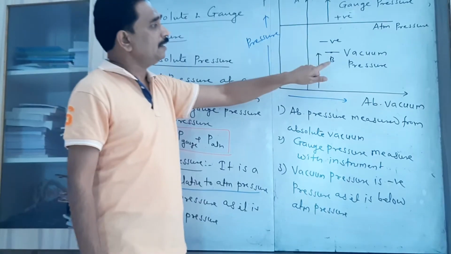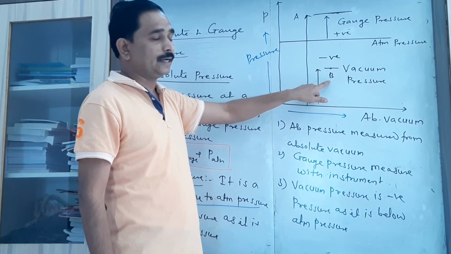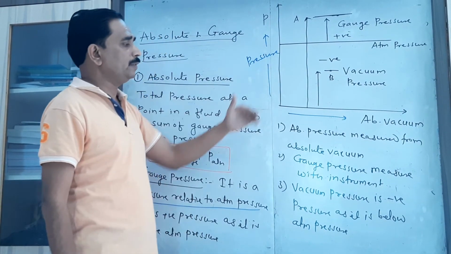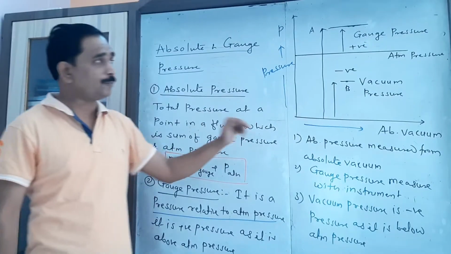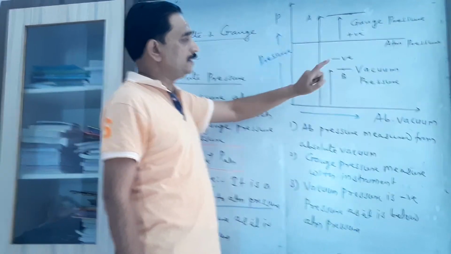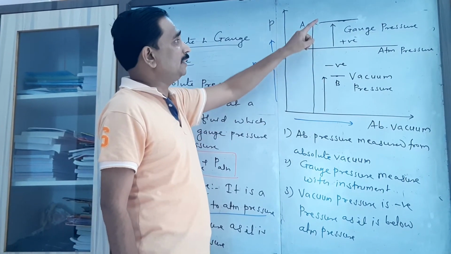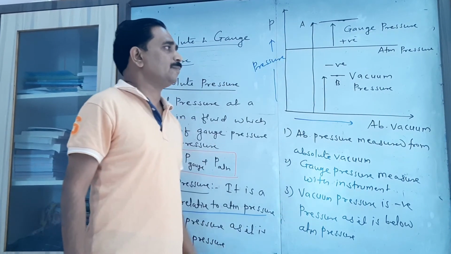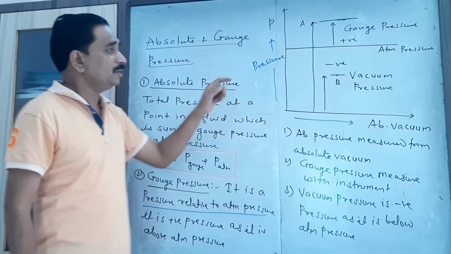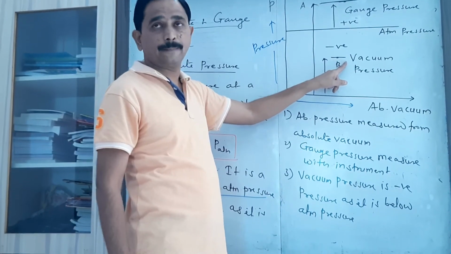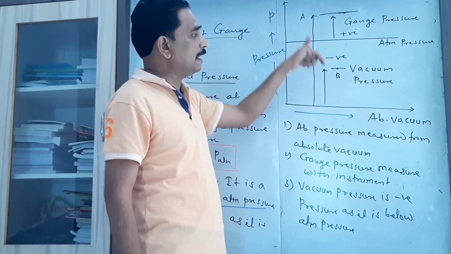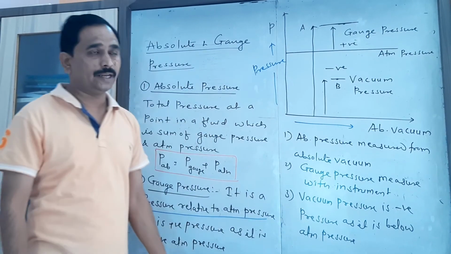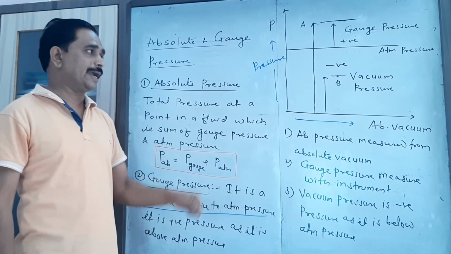And we consider another point, point B, below the atmospheric pressure. This is the point where the pressure is less than atmospheric pressure, and this is the point where pressure is more than the atmospheric pressure. So the point where the pressure is less than the atmospheric pressure is called a vacuum.